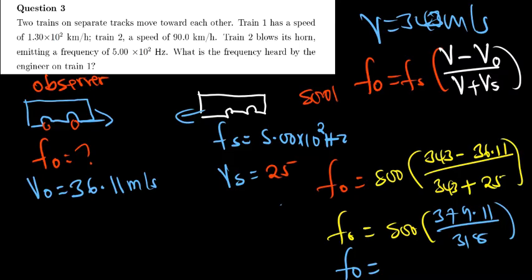We said when these two are moving toward each other, the velocity of the observer should be what? The observer should be negative, then the source will be positive. Then I swapped.